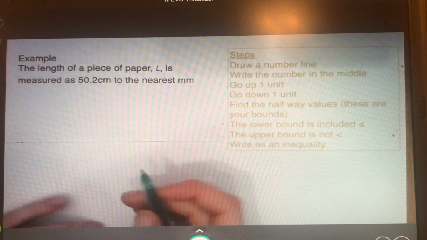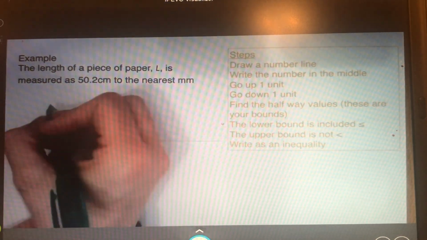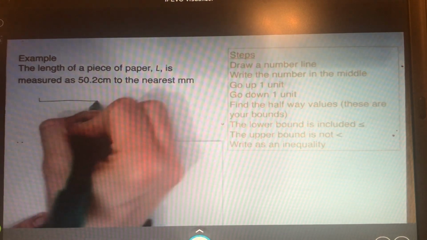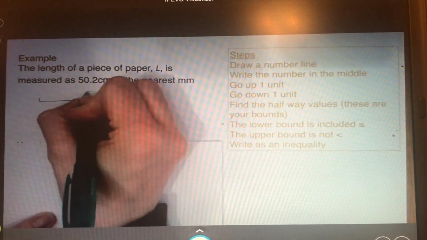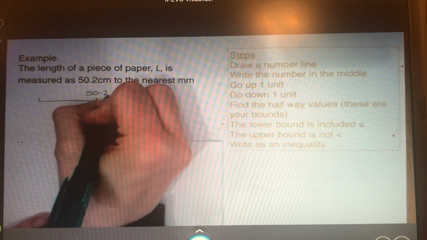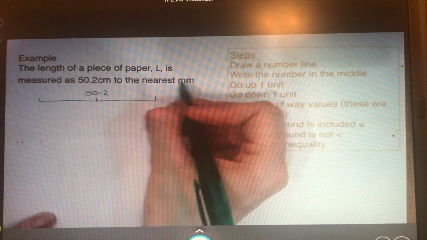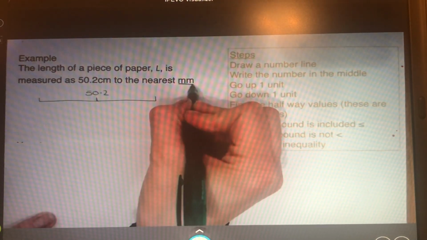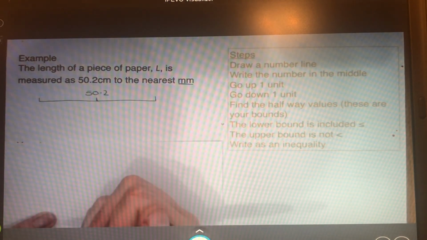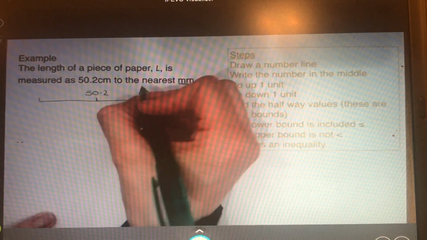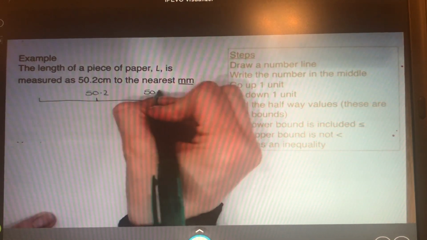Okay, here's another example. So we start by drawing the number line. We write the number in the middle. This time it's 50.2. And we're to the nearest millimetre this time. So the 0.2 is the millimetre. So we go up 1 unit, so I get 50.3.